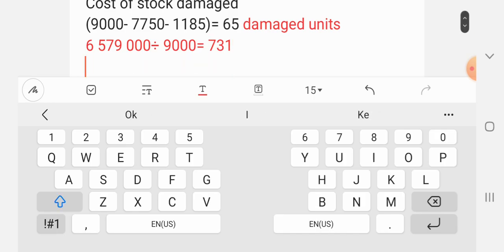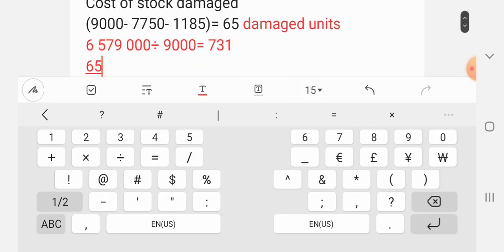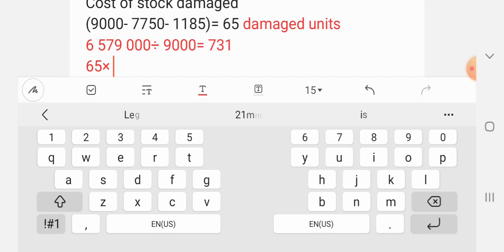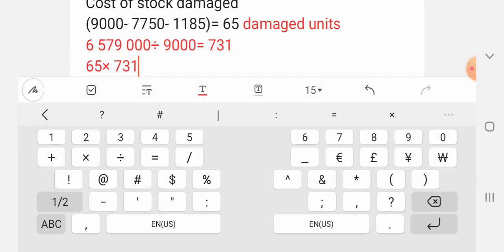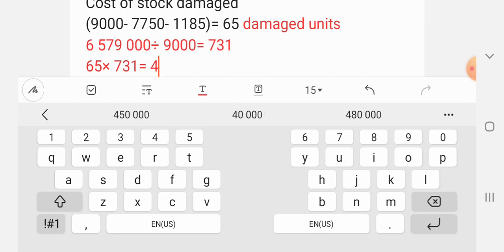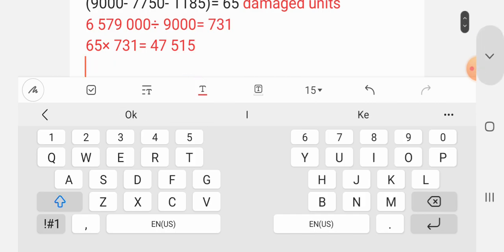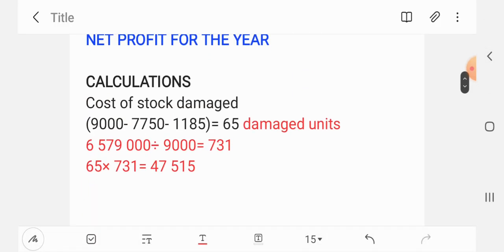So we'll take 65 multiply by 731, and that is going to give us 47,515. So this is the stock of damaged goods.